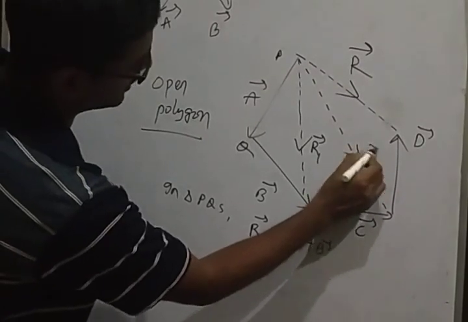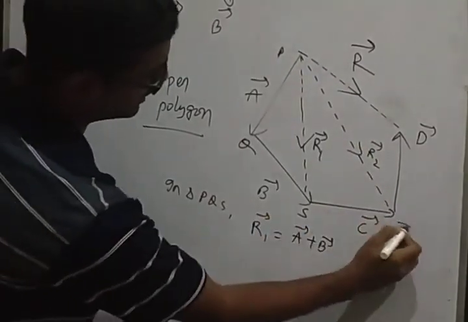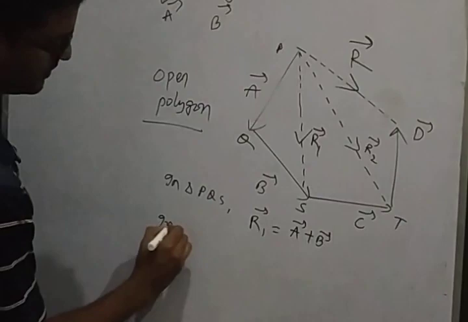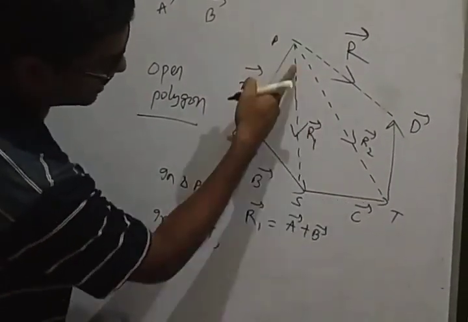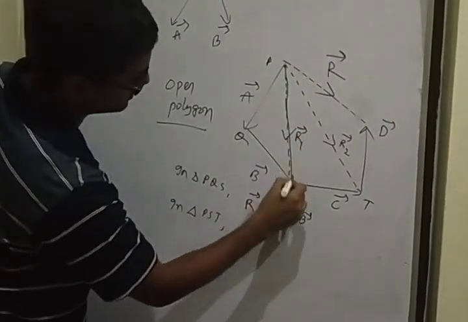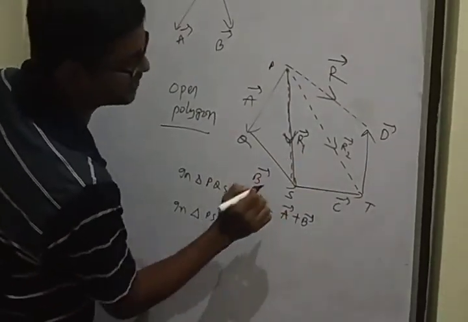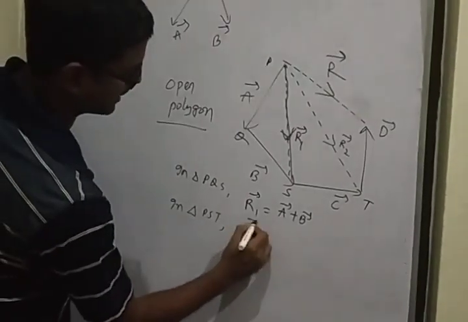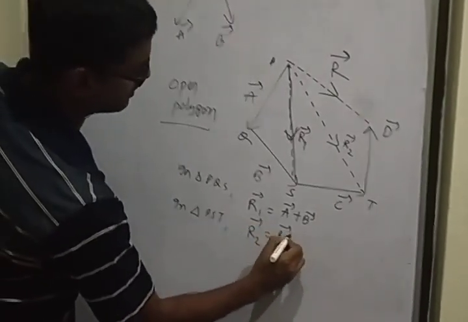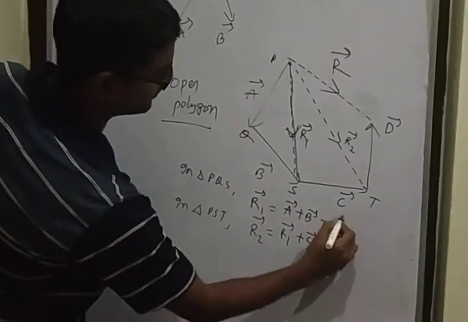Let's say this is R2 vector. So this is PST. In triangle PST, R1 vector and C vector are in the same order. R2 vector is in opposite order. So I write R2 vector equal to R1 vector plus C vector.